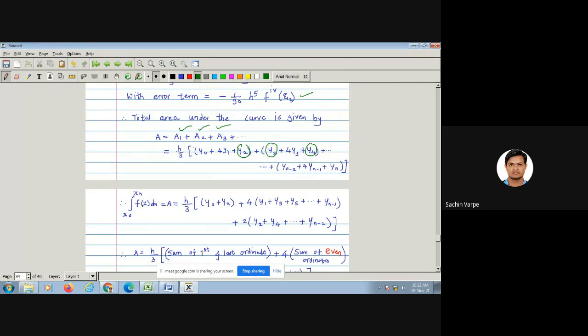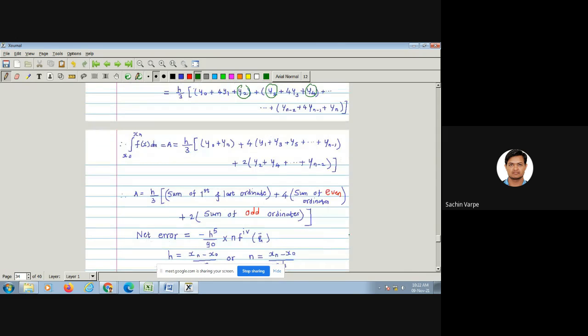So that is nothing but the formula of integration by Simpson's 1/3 rule. In words we can write the formula as h by 3 times the sum of first and last ordinates, where y naught is the first ordinate and yn is the last ordinate, plus 4 times the sum of even ordinates.